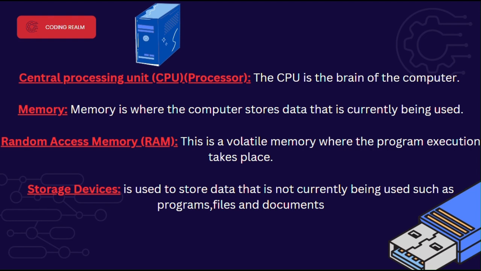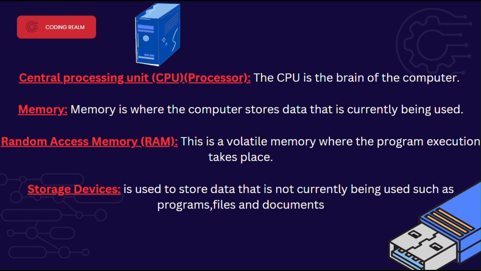The internal storage is located on the computer itself, but the external storage is located on devices that are connected to the computer, like the USB, the SD card, and the external hard disk. These are the five hardware components of a computer.